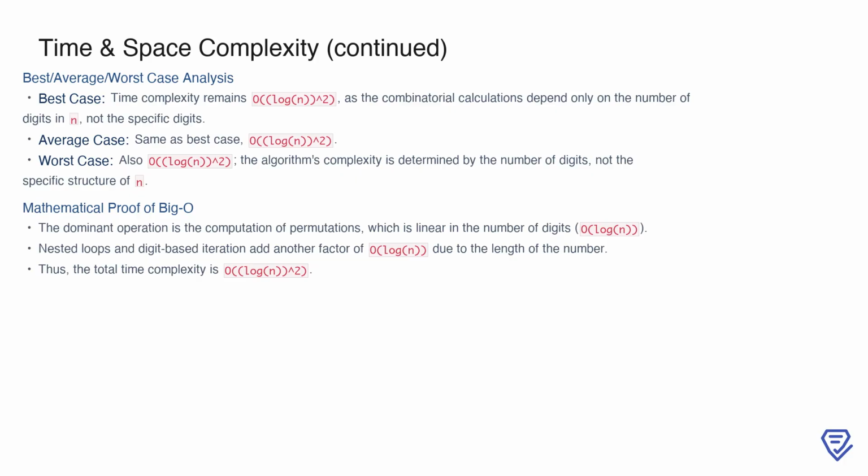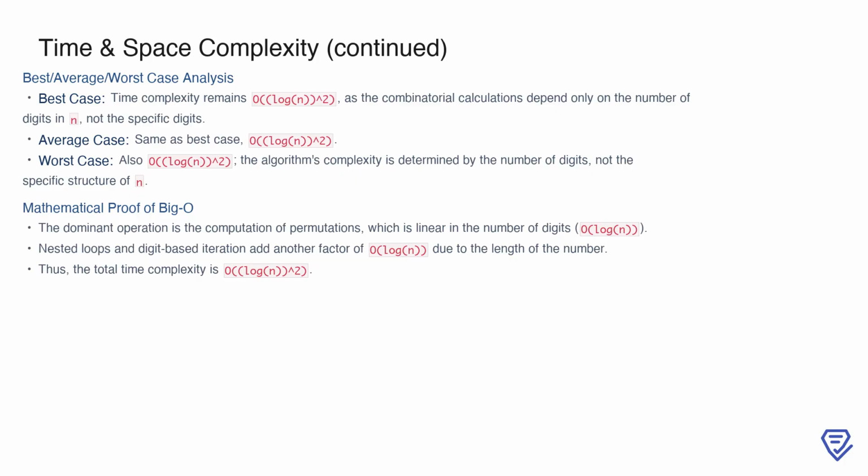This is because the combinatorial calculations depend solely on the number of digits in n, not the specific values of those digits. Whether n consists of small or large digits, the algorithm performs the same set of operations based on its length. Additionally, the mathematical proof of this complexity highlights that the dominant operation is the computation of permutations, which is linear in the number of digits.